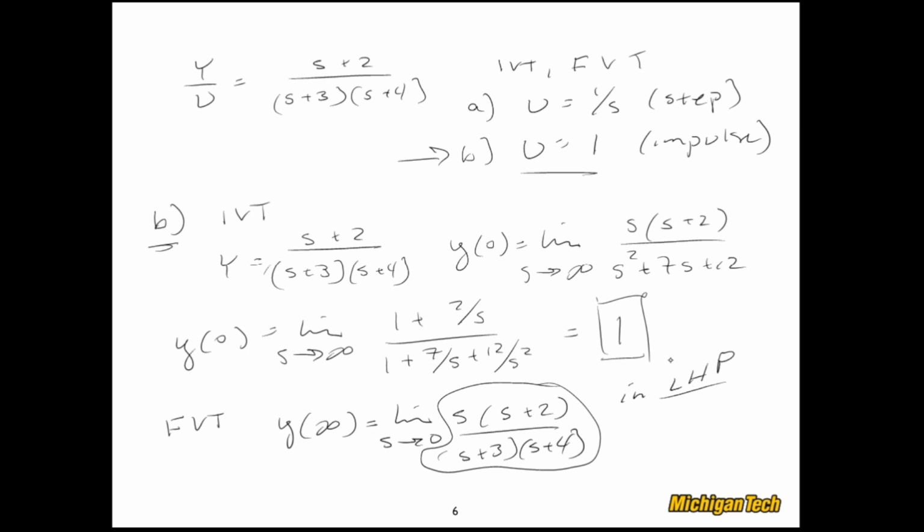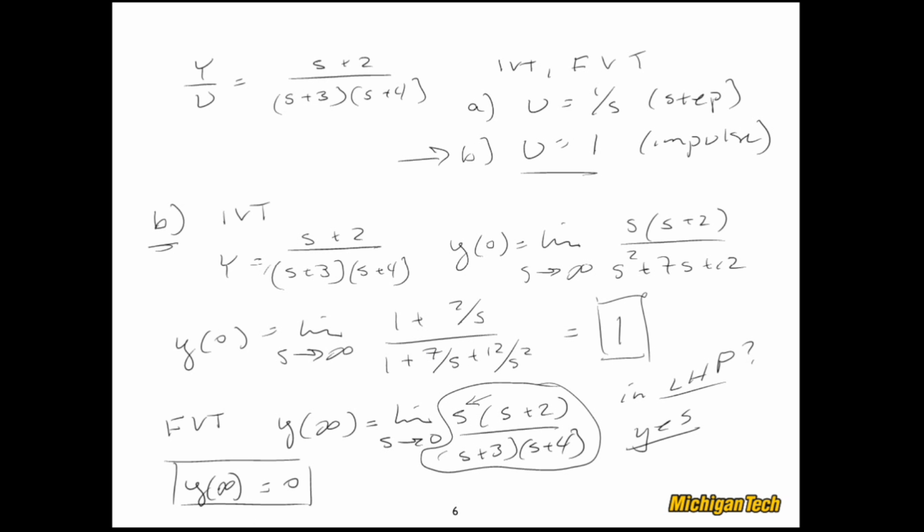LHP? Well, I can eyeball that and say yes. So the final value theorem does apply. When I let s go to 0, it's pretty clear that what I'm going to get is 0. So if I hit this system with an impulse, eventually y of t is going to go to 0.